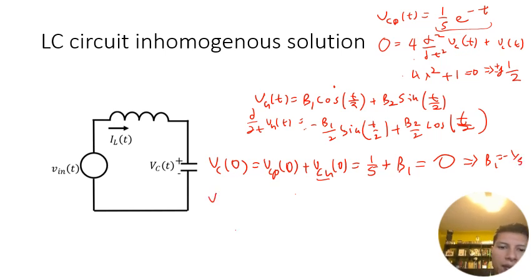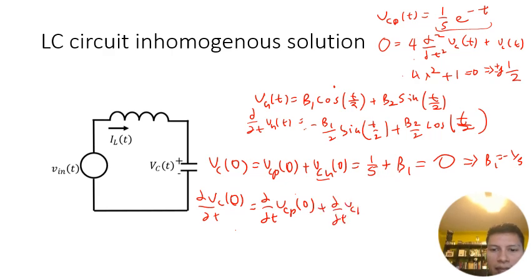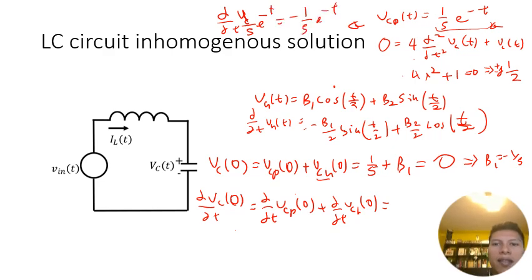And then the derivative of Vc at 0 has to be equal to the derivative of Vcp at 0 plus the derivative of Vch at 0. So d dt of 1 over 5 e to the negative t is just equal to negative 1 over 5 e to the negative t, and we can plug that in here.